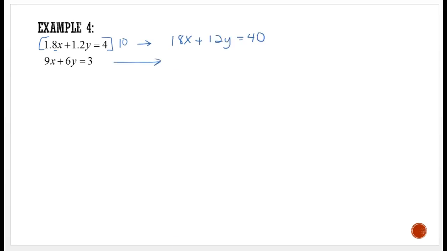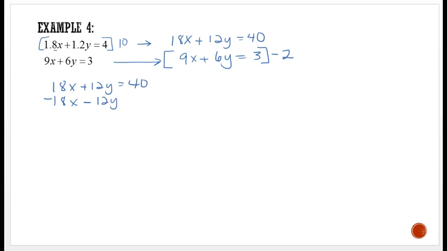Now if I just bring this one straight over, let's look at this and see what I can use to eliminate a variable. If I take the bottom equation and multiply through by negative 2, I'll have 18x plus 12y equals 40, minus 18x minus 12y equals negative 6.